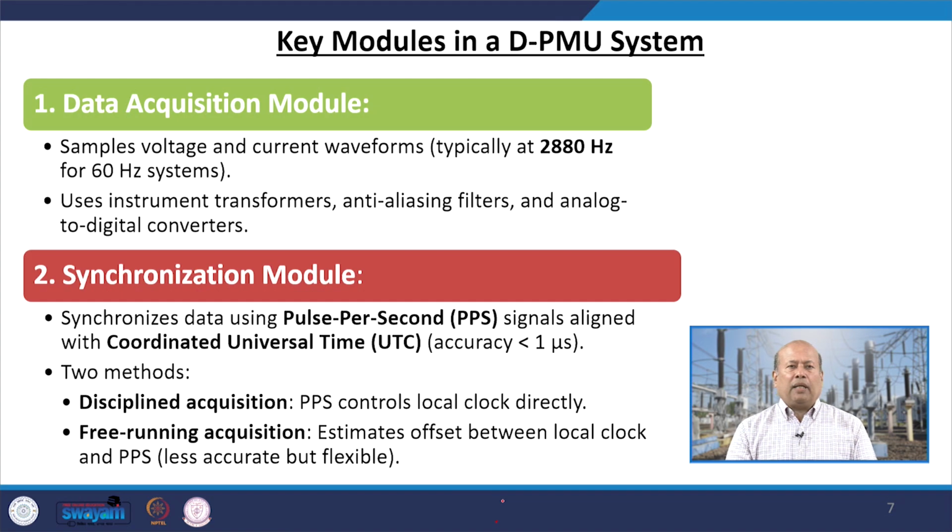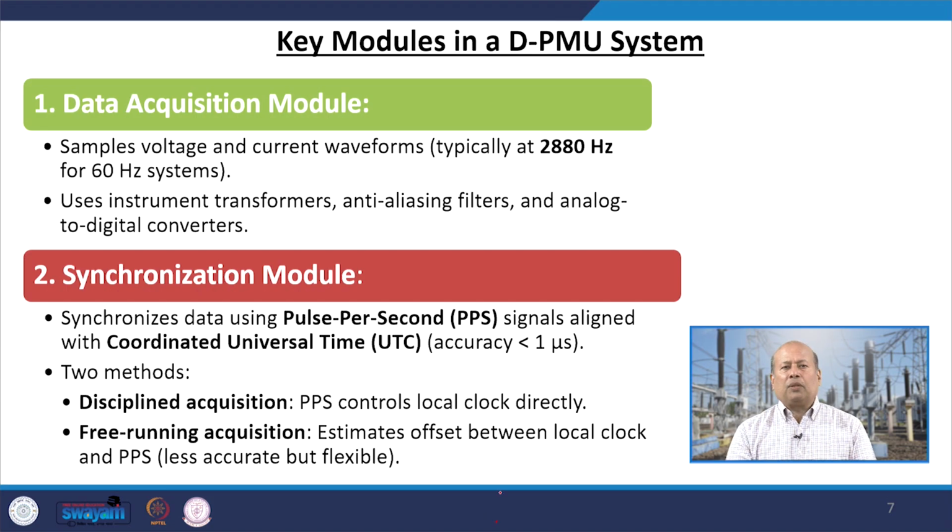Now, when you talk about the data acquisition model, it samples voltage and current waveforms, typically 2880 hertz for 60 hertz and sometimes reduced for 50 hertz, and uses instrument transformers, anti-aliasing filters and analog to digital converters.